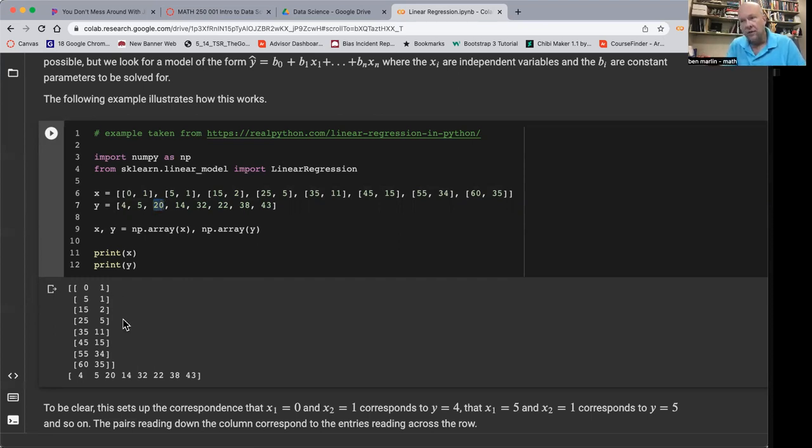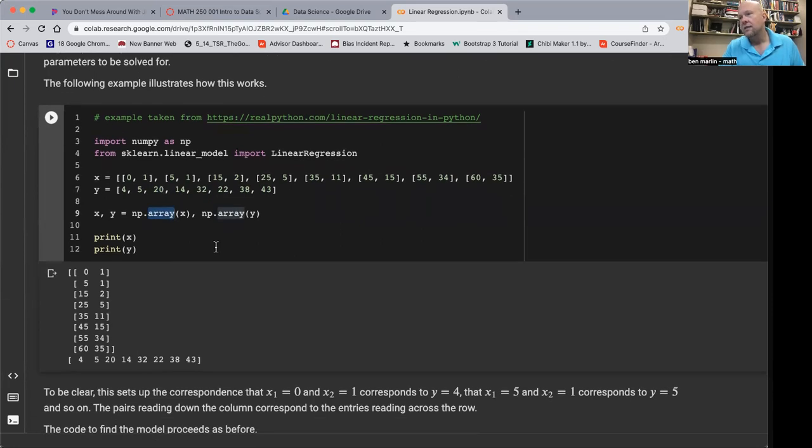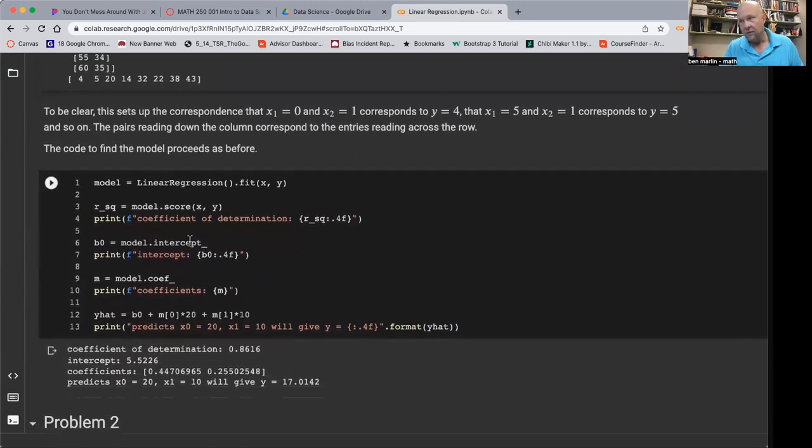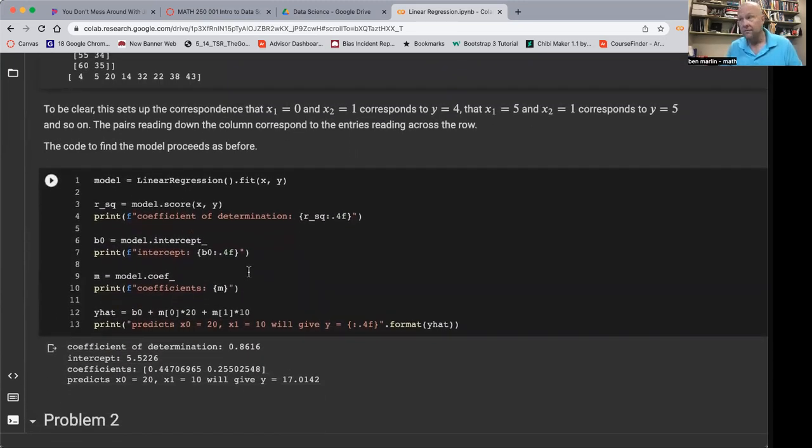And as you'll see here with the printout, this has taken the x's and it has just typed them in. And it has put them in such a way that you've got 2 columns on this array. Okay. And then the y values is just 1 row. You go ahead on this and turn them into numpy arrays. And then we do the same sort of thing with it.